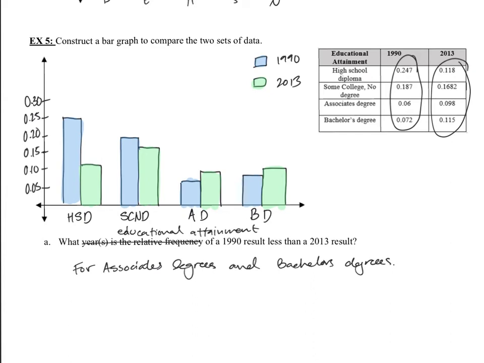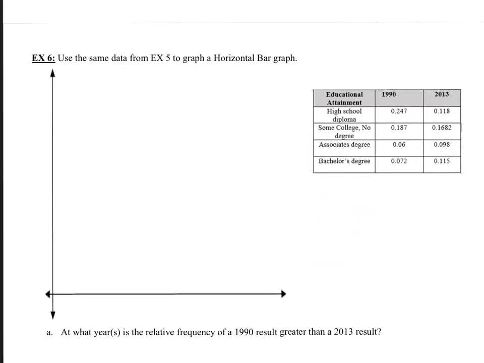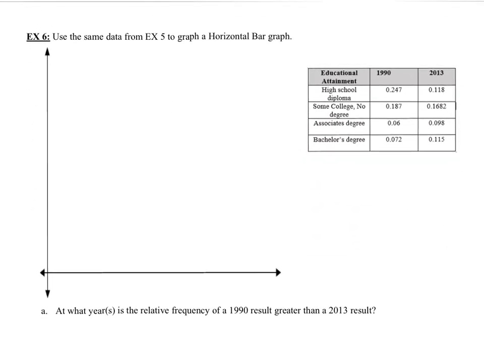Okay, so let's look at the next problem. We're going to use the same data from example 5 to graph a horizontal bar graph. Very similar idea, but this time the bars are going to go this direction, which means our numbers are going to be down here. So let's plop in the numbers we used before.